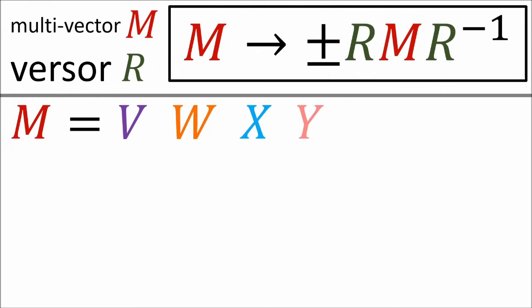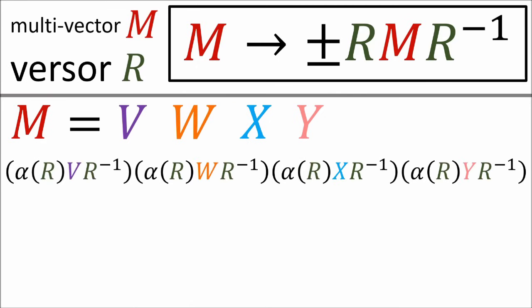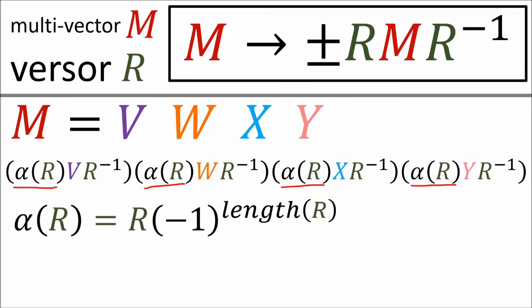If we take the individual vectors that make up M and twisted conjugate each one, we get a bunch of R's with grade involution acting on them. One way to write grade involution is to take R times -1 to the power of the length of R. This way, even length R's get a plus sign and odd length R's get a minus sign.